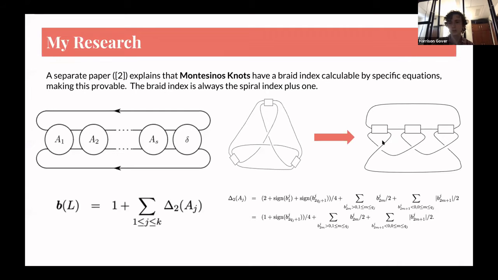We can do this with this type of knot because it follows a very consistent pattern. So for example, if we were working with 4 boxes instead of 3, it would have 4 boxes in the Montesinos diagram, and 5 would make 5, and so on and so forth.